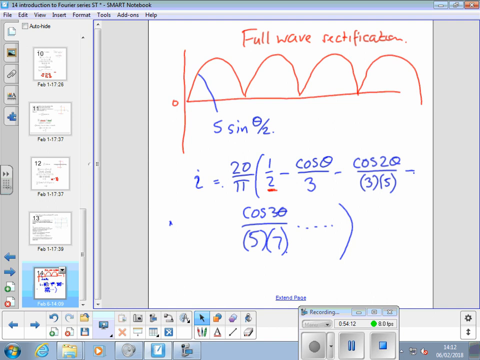That's averaging positive, isn't it? So that represents the DC component. This one is the first harmonic, the fundamental.